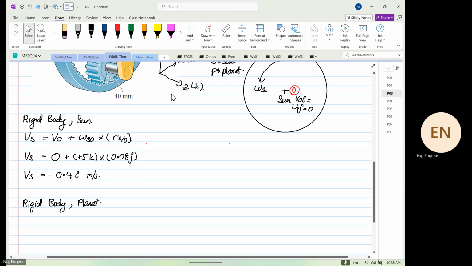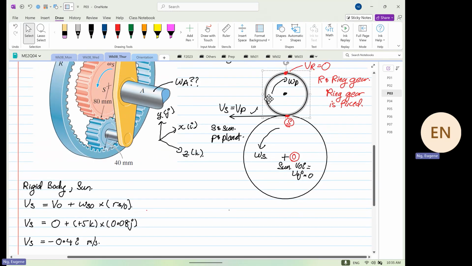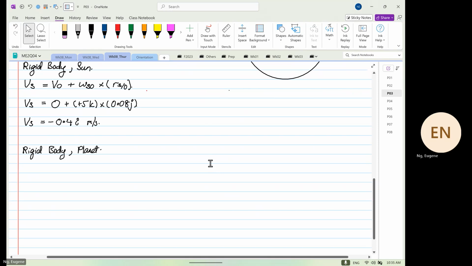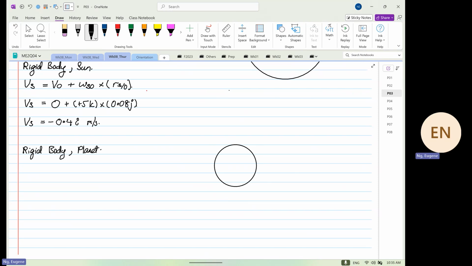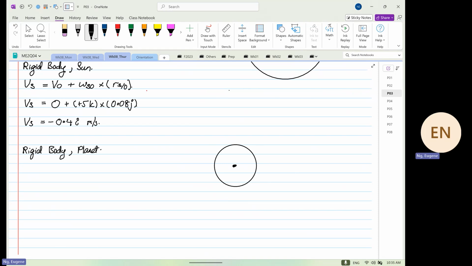I'm going to take the planet out because the planet can be really abstract, and I'll tell you why. So this is our center over here, and I will call the center P.